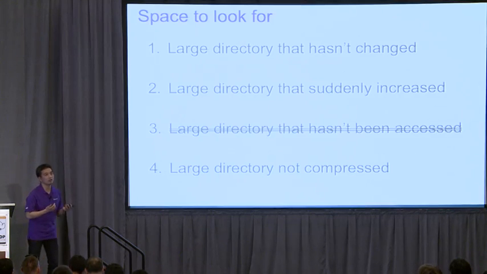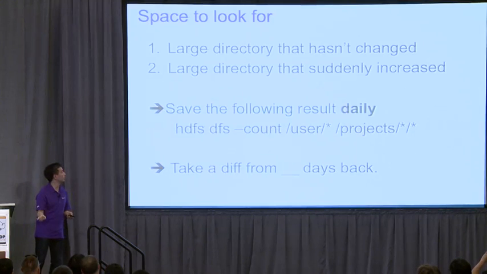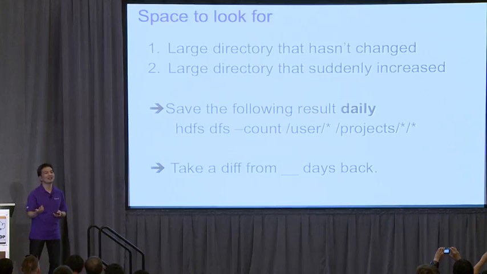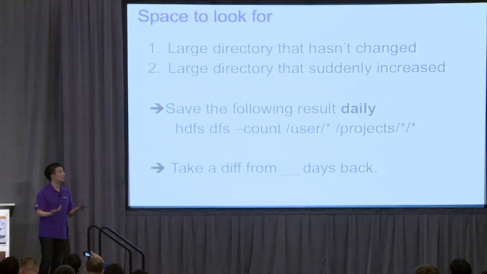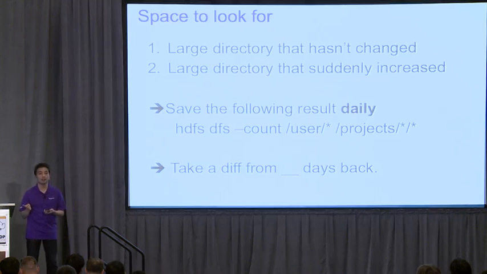The first 2 things are easy. I just take a count every day. I know how much data was being used 1 week ago, 1 month ago, 1 year ago, and then just compare with the amount of data being used today. Then I can say, OK, the data size hasn't changed for 6 months.